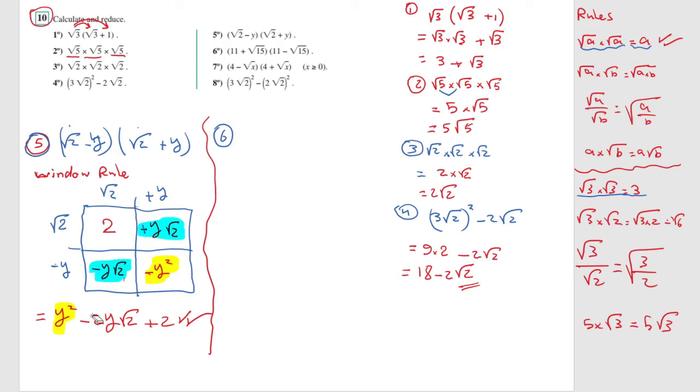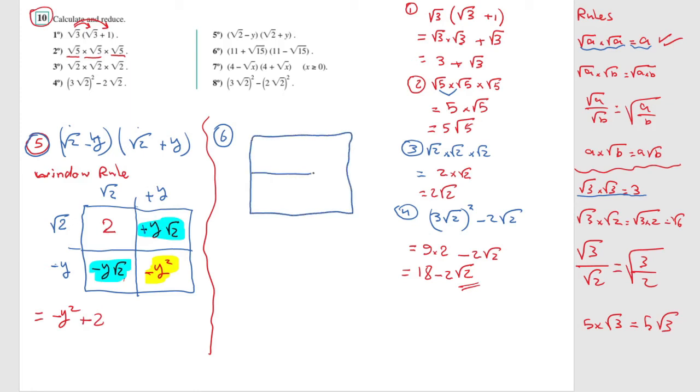So the final answer will all change like this. Again minus y square, so I'll keep it minus y square. Minus y radical 2 plus y radical 2 is 0. This cancels with this, so plus 2. This is the change. Okay, this one is the same. I'll draw a window.